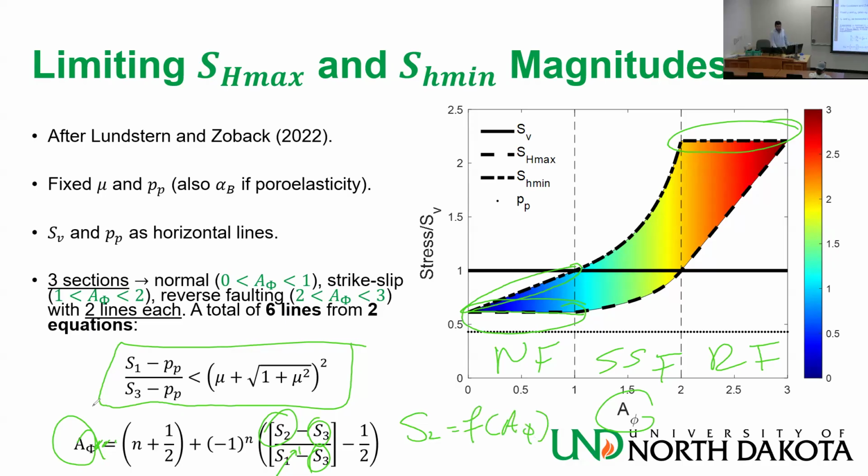So I make alpha phi vary from 0 to 3, and I solve for S2 being the unknown here, and n will be constant, and it would be equal to 0 because it's normal faulting, right? So it will only stay within this region. Okay, so now I get my third line. Great.